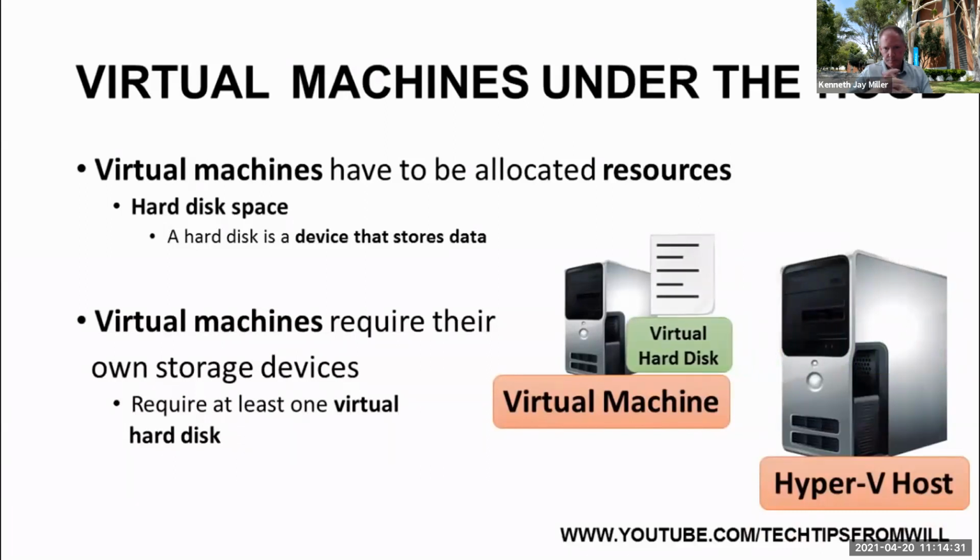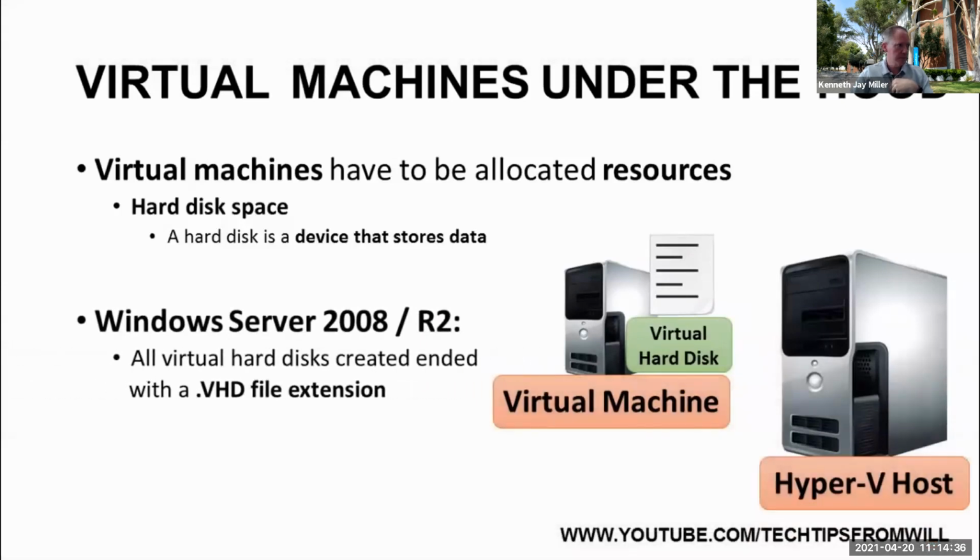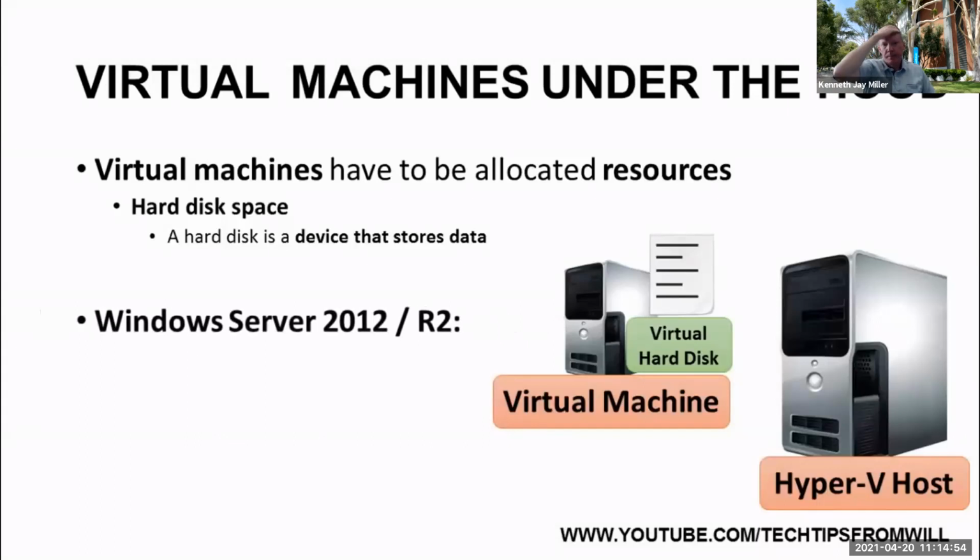In Windows Server 2008 and Windows Server 2008 R2, all virtual hard disks created in Hyper-V ended with the .vhd file extension. The .vhd format of virtual hard disk can be as large as 2 terabytes in size. With Windows Server 2012 and Windows Server 2012 R2, however, you are able to create 2 types of virtual hard disks. Both systems are backward compatible and allow you to create the original .vhd format of virtual hard disk.